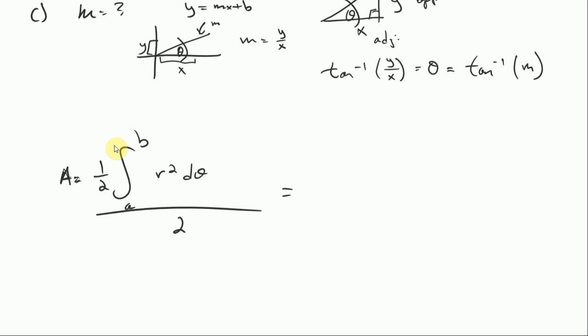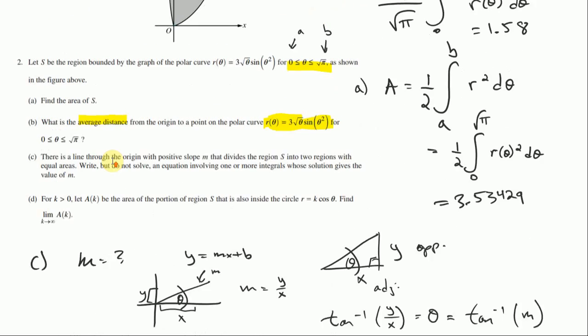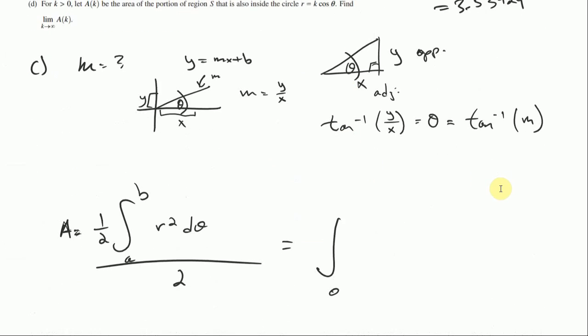And we can set that equal to the integral from 0 to some theta that would divide it in half. Now, what theta might divide it in half? I'm thinking about this theta right here. That could be a good idea to divide it in half by, right? 0 to, and what is this equal to? Looks like it's equal to tan inverse of m. So that's what we're going to be doing. Integral from 0 to tan inverse of m, of the same thing, of course, r squared d theta.